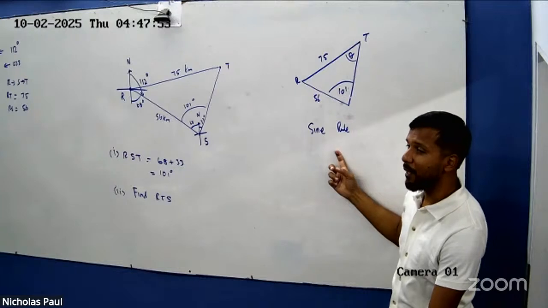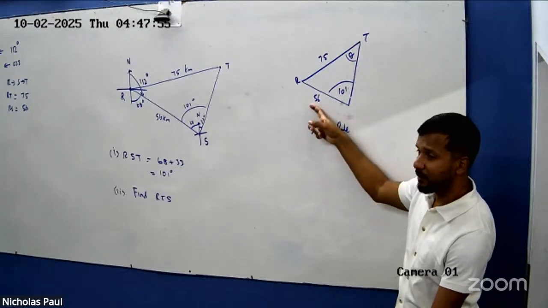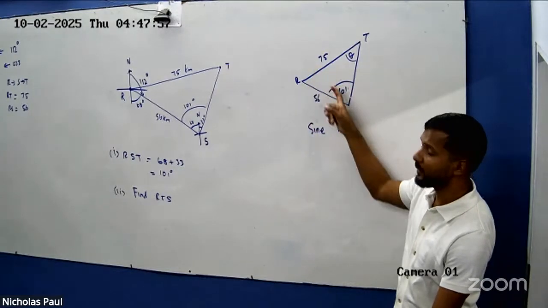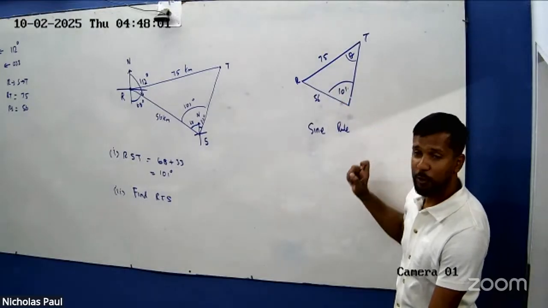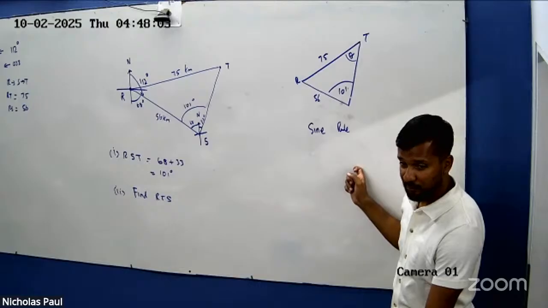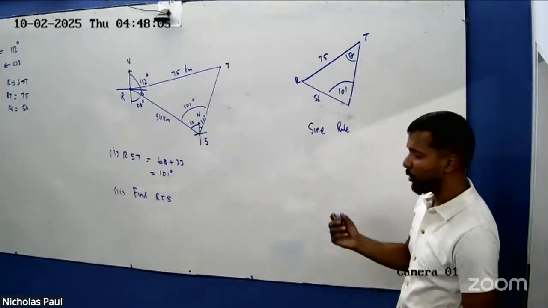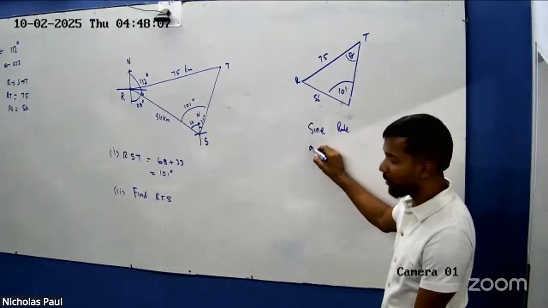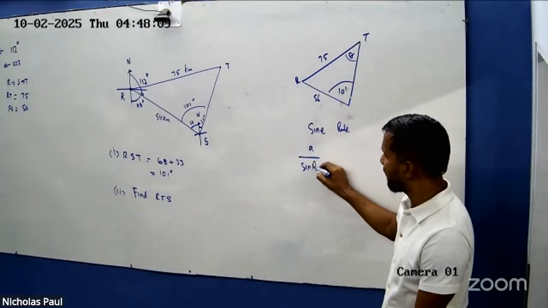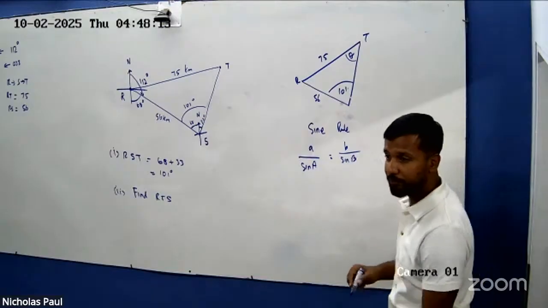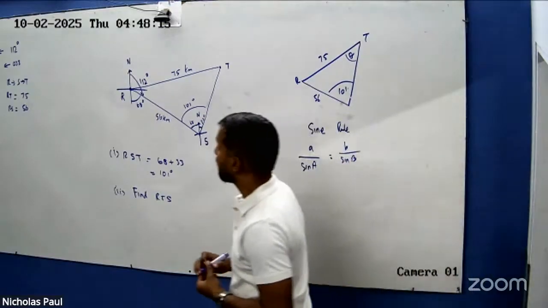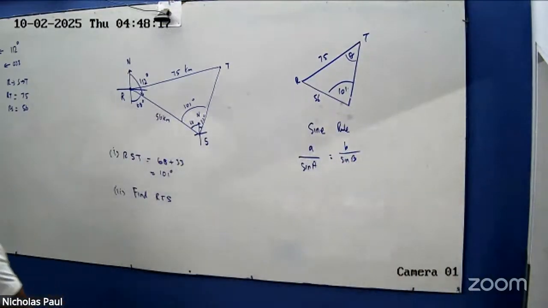Why, Jamal? Because we have length, opposite angle, length, opposite angle. Right, Sebastian? So you have to remember that, right? For sine rule again: A over sine A is equal to B over sine B. All right. Copy down. We have one more diagram to do.